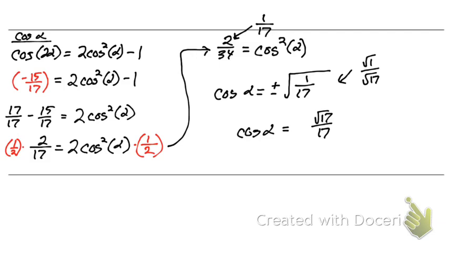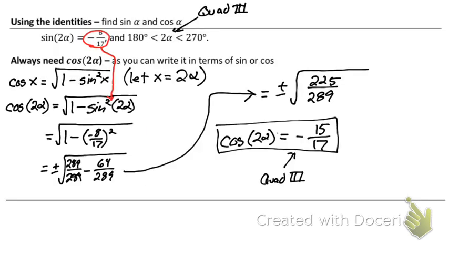All right, now we have to decide if we're doing a positive or negative. Here's where we have to do a little extra work. My double angle is in quadrant 3. So if I'm ever dealing with 2 alpha, I'm in quadrant 3. When I'm dealing with alpha, I have to adjust this formula just a little bit. I have to have alpha in between the middle, so I'm going to divide everything by 2.